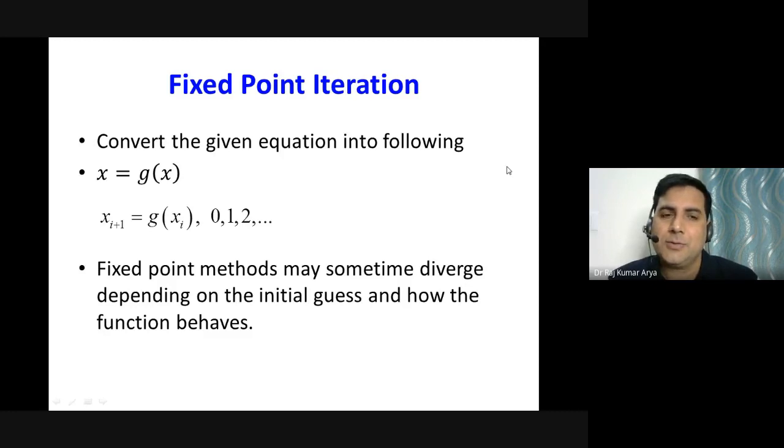From that function value you will get some value of x. That would be your first iteration. Then substitute that into the function, you will get the second iteration, and keep on continuing till your function value comes equal to 0. This is something tedious, but this is also being followed.